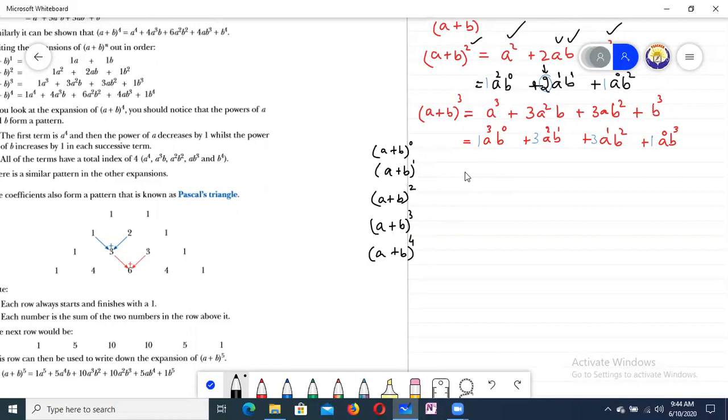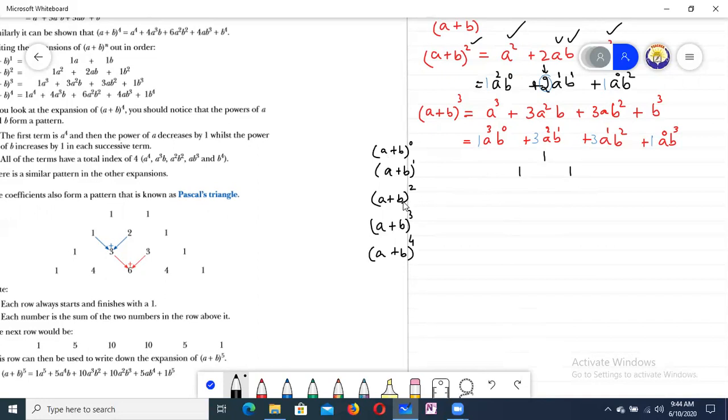When a plus b is raised to the power 1, there will be two terms, one is a, one is b. A has coefficient 1 and b also has coefficient 1. When only one term will be there, that term also has coefficient 1.